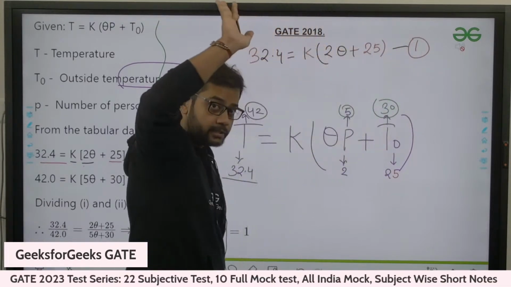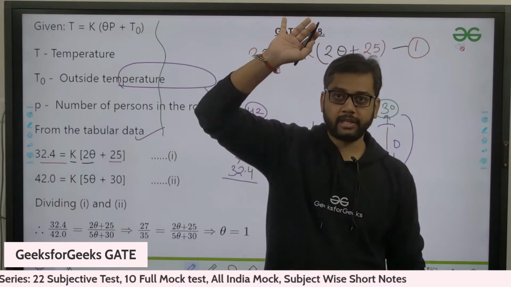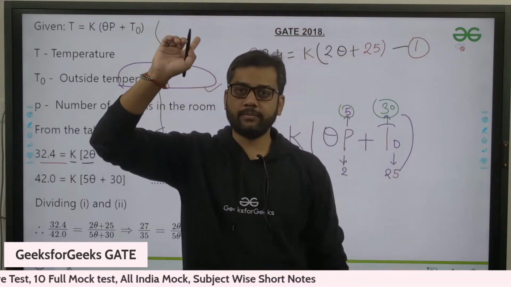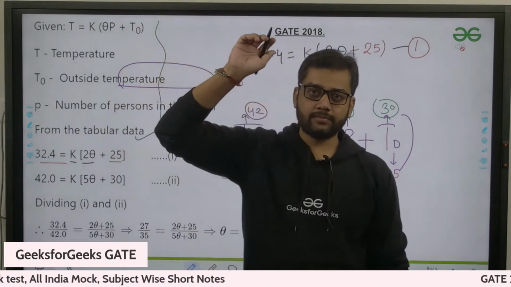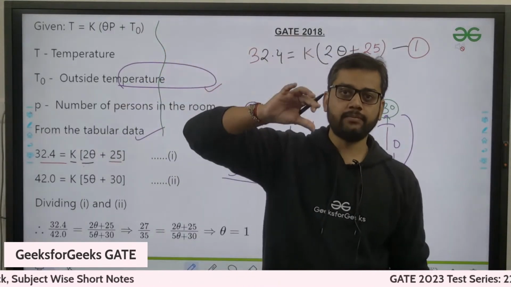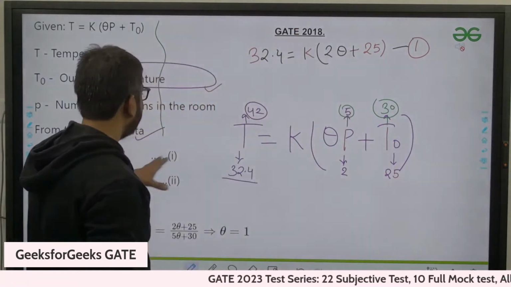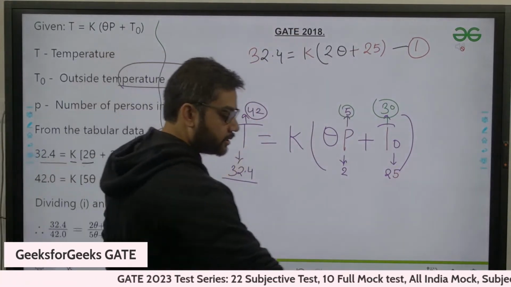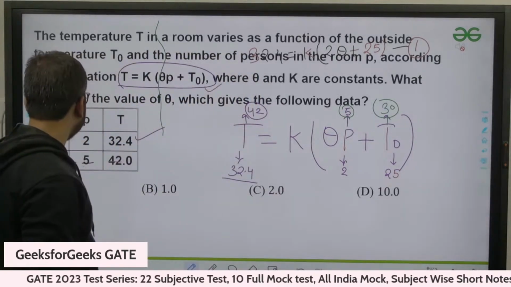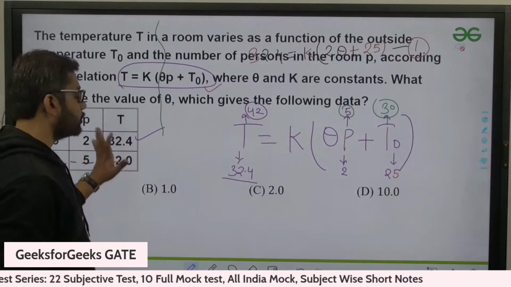I haven't done anything, I have just put the values. We have one equation given with variables, so I have just put the values into the given equation. The next one: from the data, you can see T naught is equal to 30, P is equal to 5, T is equal to 42.0.